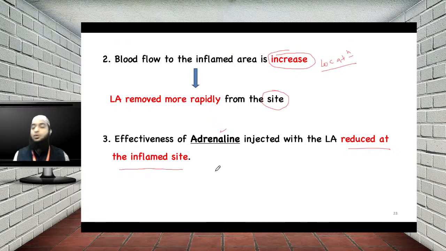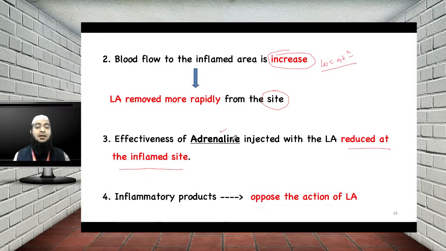But when you are giving adrenaline in case of inflamed tissue, as inflammation produces vasodilation, it opposes the action of the adrenaline, or it reduces the action of the adrenaline at the site of injection. Fourth thing is that all inflammatory products, inflammatory mediators, also oppose the action of the local anesthetics.